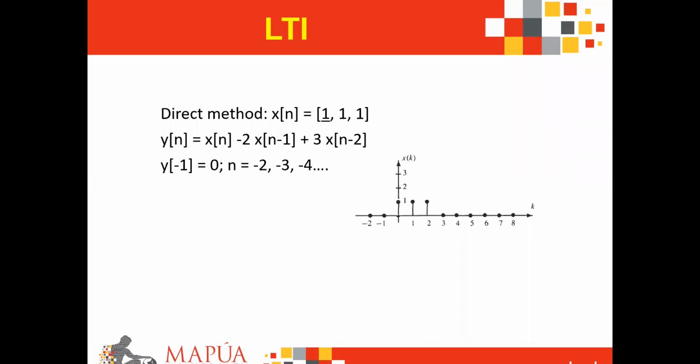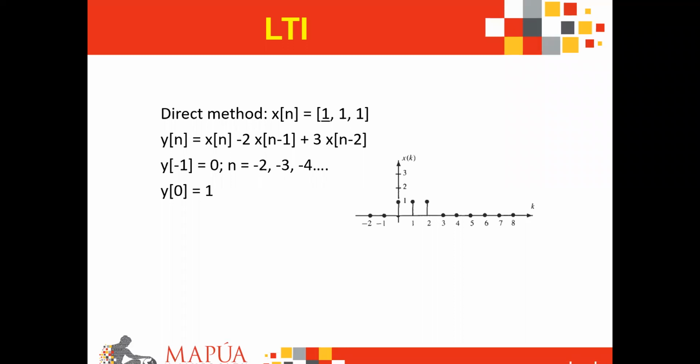Therefore, we already know if y is -1, the value there is 0. Our output y at -2 is still 0. Our output y at -3 is still 0, and so on and so forth.